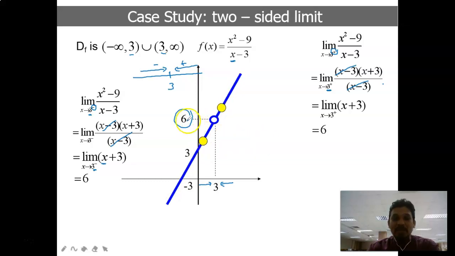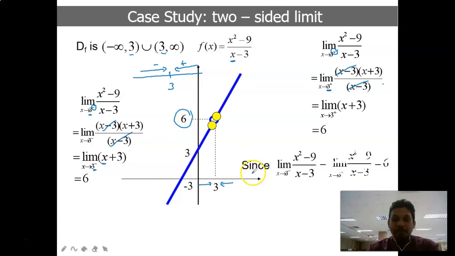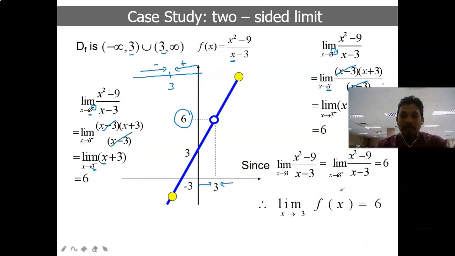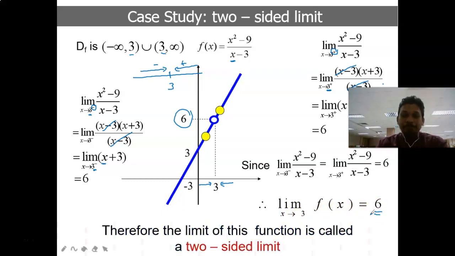This is not exactly 6 and not exactly 3, but the behavior of the graph approaches one value of y, which is 6. So we can say that the limit of the function f(x) when x approaches 3 is equal to 6. A two-sided limit.